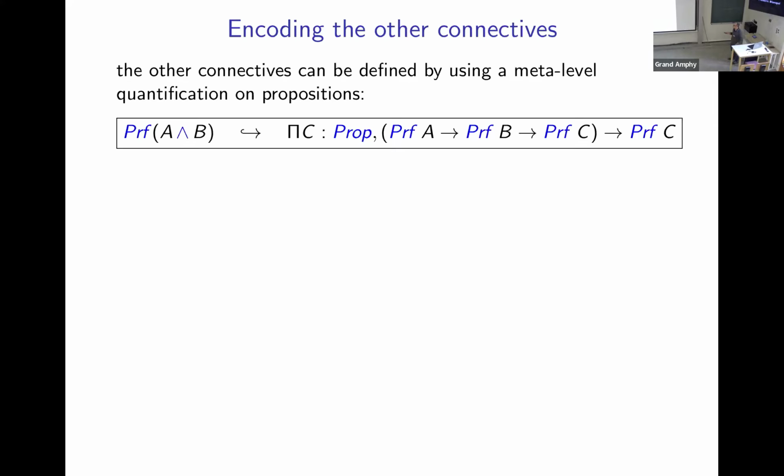But the quantification is in the logical framework, not in the logic itself. And so we say that proving that A and B holds is the same as proving that any proposition C holds whenever I have a proof of A and B implying this proposition.